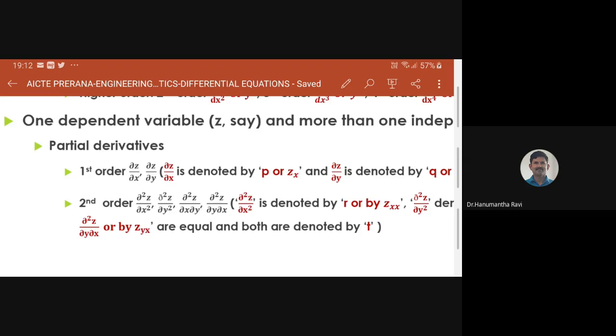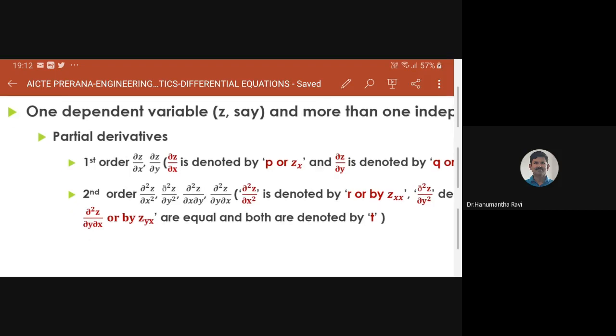So how many possibilities are there? One is dou square z by dou x square, another one is dou square z by dou y square, and the third one is dou square z by dou x dou y. Here, first for z with respect to y we calculate the partial derivative. Thereupon we calculate the partial derivative of the resultant, that is dou z by dou y, with respect to x, differentiating partially.